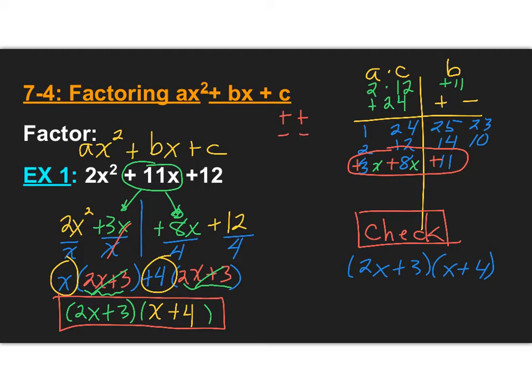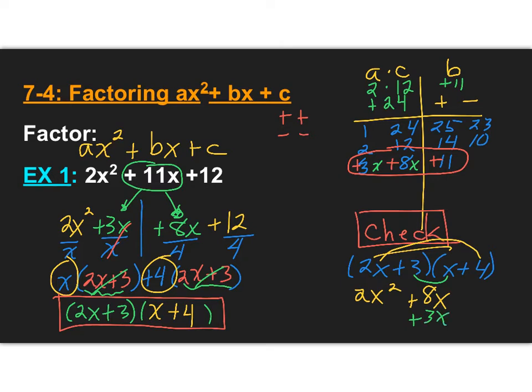So 2x times x gives me 2x squared. 2x times 4 gives me positive 8x. Then 3 times x gives me 3x, which is a like term to the 8x.